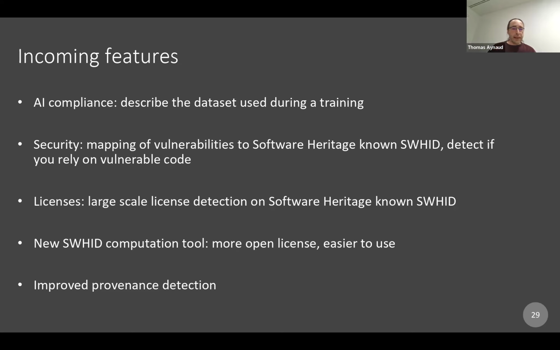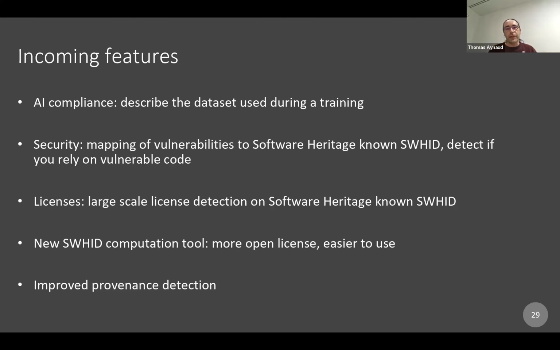We are also working on a new SWHID computation tool. Today, the way to compute the SWHID relies on Software Heritage code. It's under the GPL, so it's kind of difficult to integrate inside your own code. Maybe you need a more open license. It's not decided yet, but it will be something like MIT or BSD.